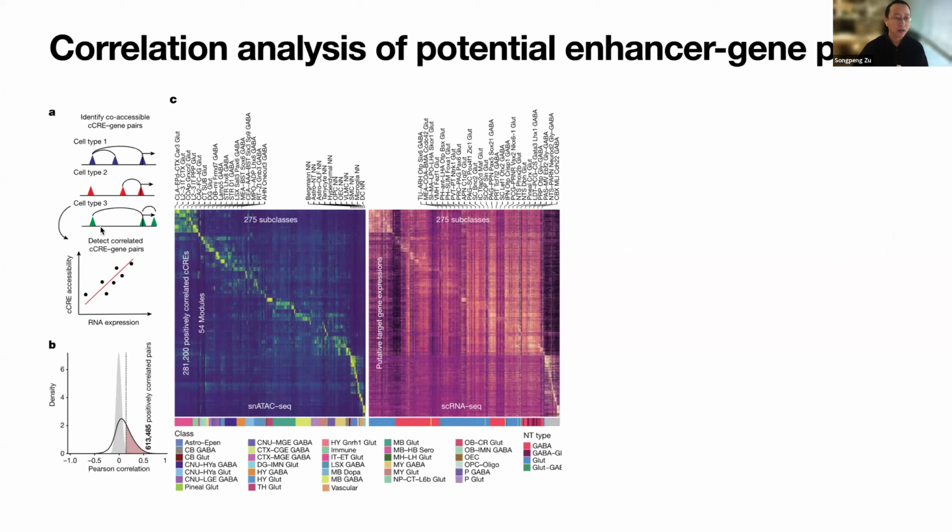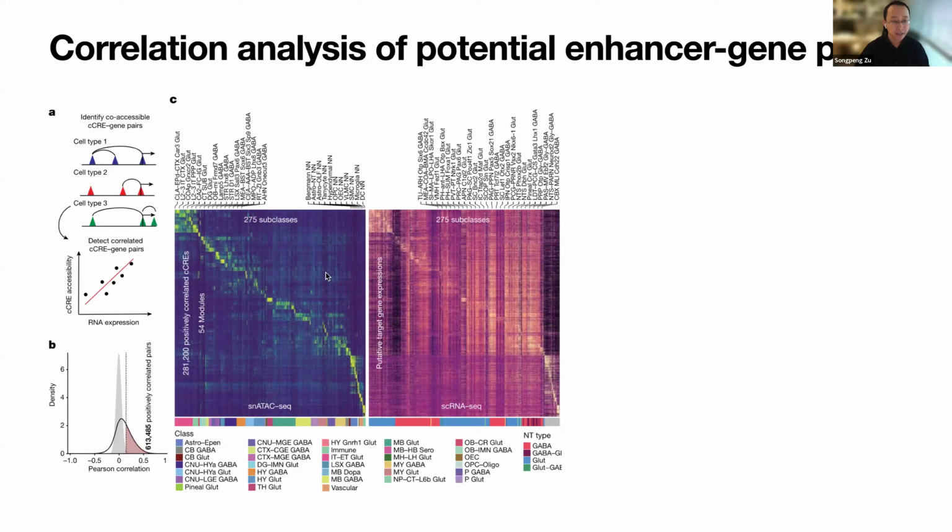We call these proximal-distal connections. Proximal means the cis-regulatory elements located in the promoter regions, and distal means the cis-regulatory elements not located in the promoter region but within 500 kilobase pairs of this particular promoter. In total, we have identified about 600,000 of these positive pairs. And these cis-regulatory elements can be the potential enhancers in our later analysis.